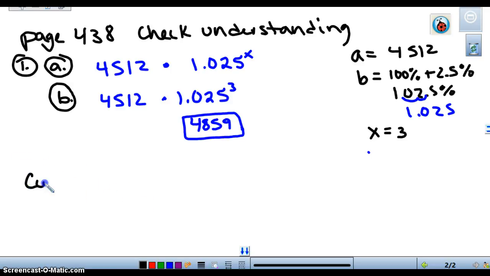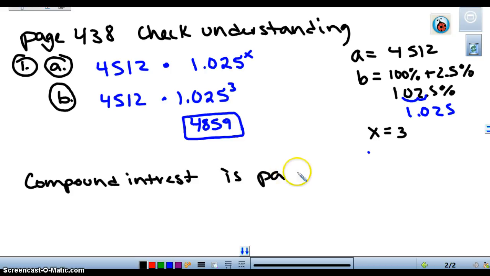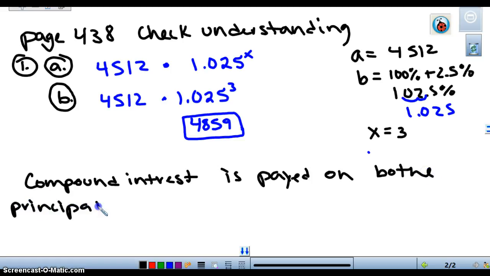So, compound interest is paid on both the principal and the interest an account has.